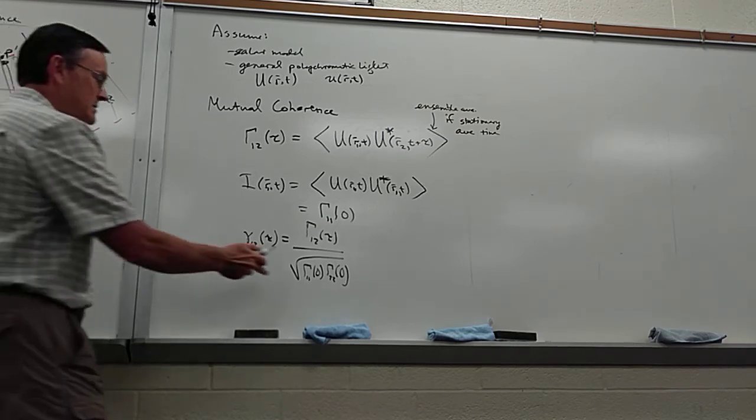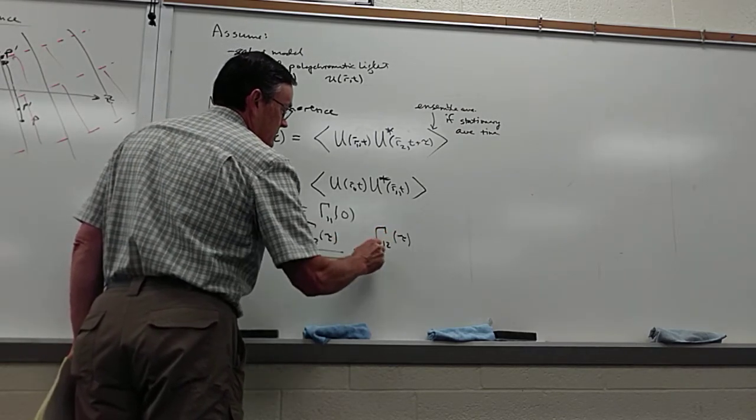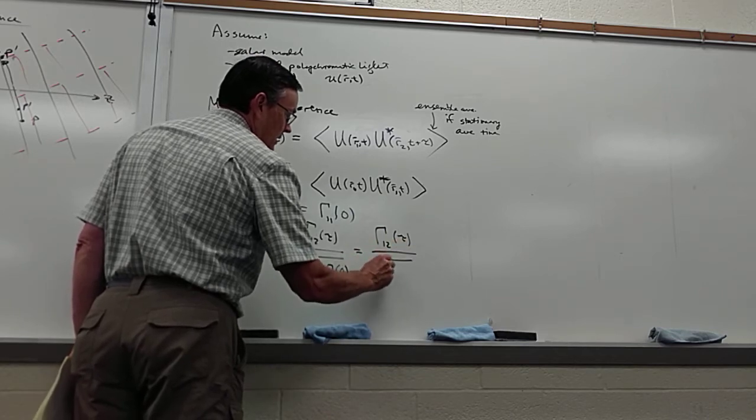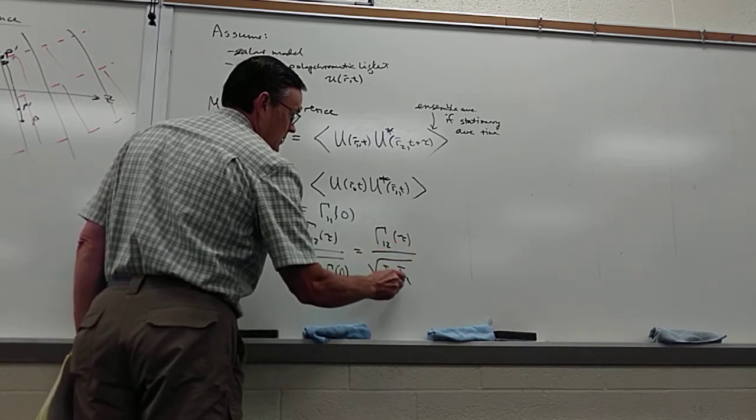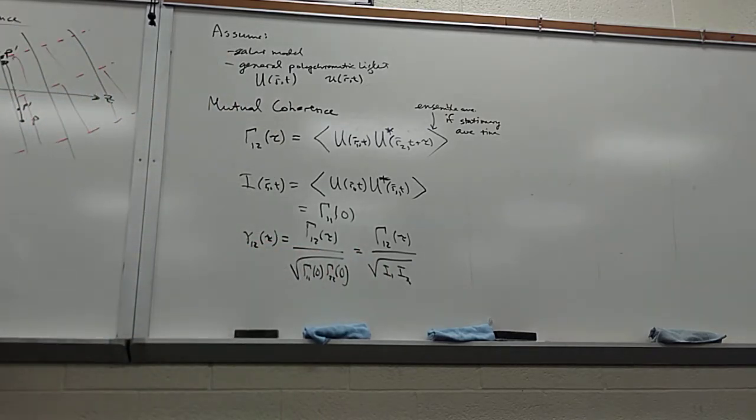You'll recognize the denominator as just the square root of I1 I2, where I1 is the irradiance at position R1, and I2 is the irradiance at position R2.